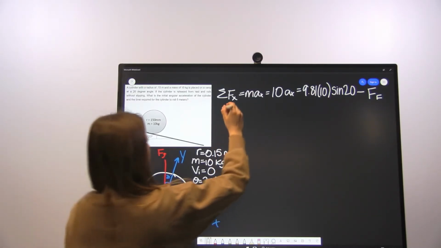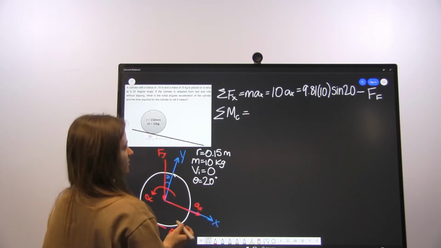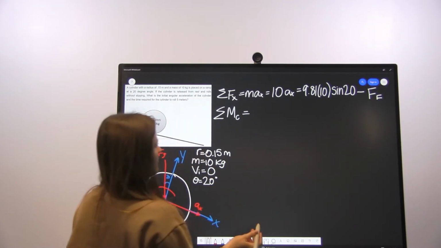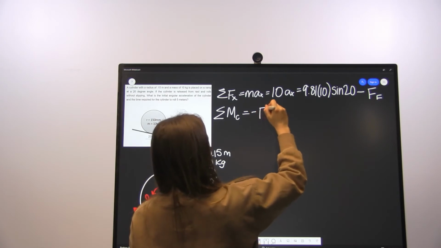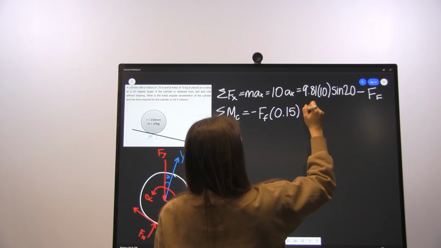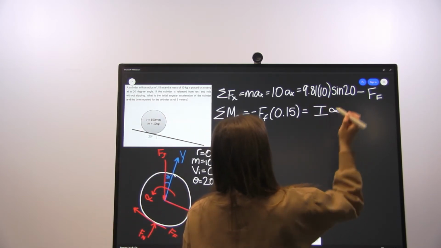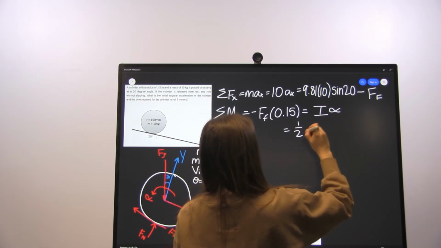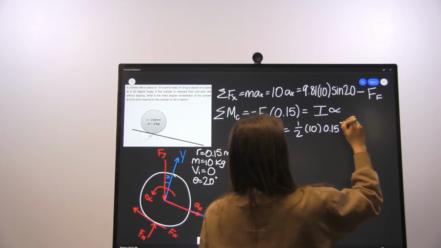We're going to do the net sum of moments acting on the center of the cylinder. So we have a moment due to the force of friction, which is the force times the radius. So negative force of friction times the radius, 0.15, is equal to I times angular acceleration, which is equal to 1/2 times 10 times 0.15 squared.